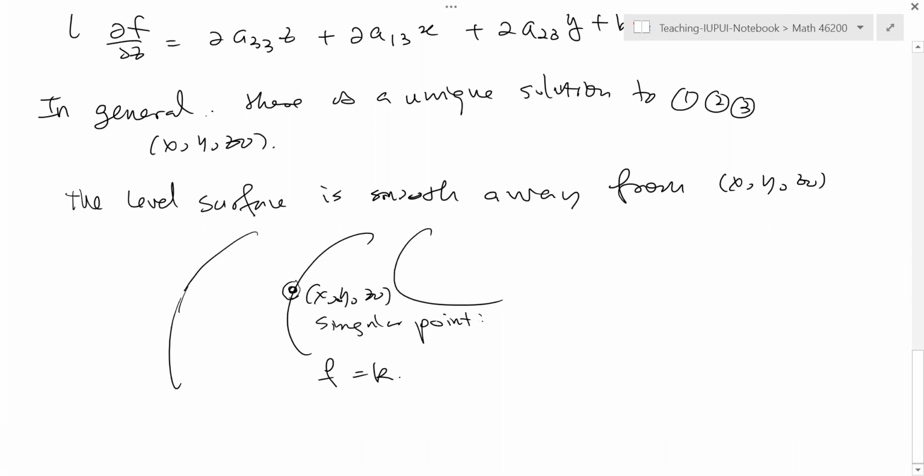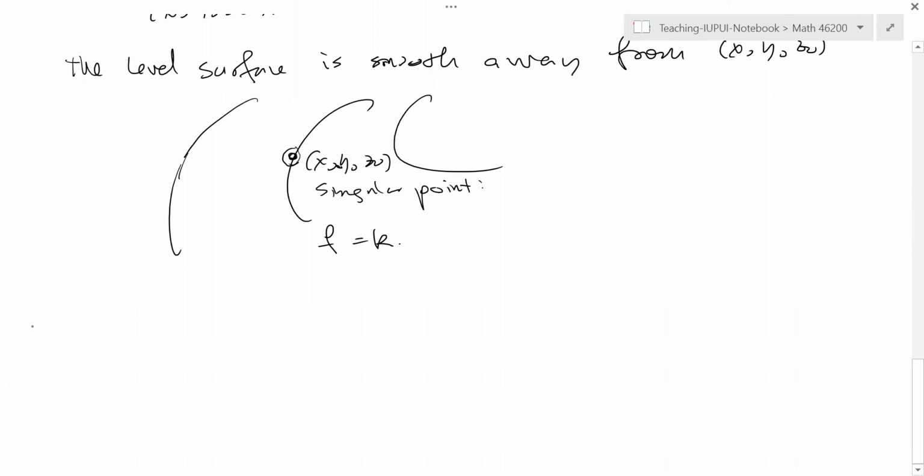Sometimes I'll give you an example. Here's the example: F of x, y, z is going to be x squared plus y squared minus z squared.